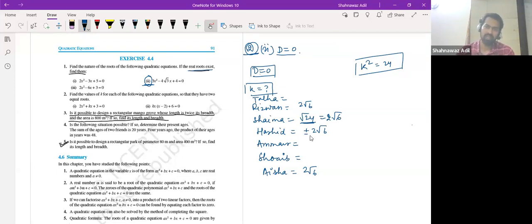Okay, so then this would be plus minus, right? Because we have two solutions for k square. So there would be two answers, right? And if we put minus, then if we change the sign, we'll get back the original equation.